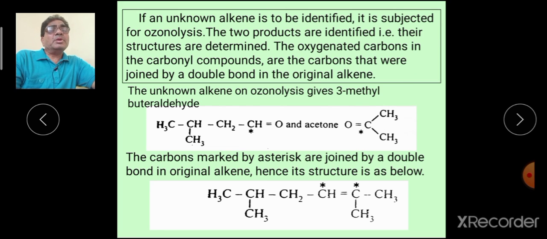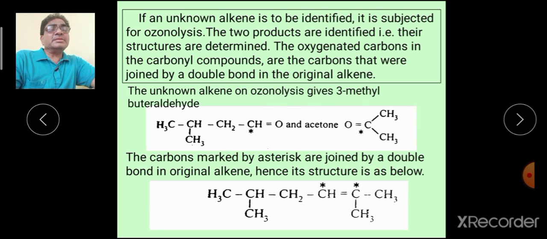If an unknown alkene is to be identified, it is subjected to the ozonolysis reaction. The two products obtained by ozonolysis are identified, that is, their structures are determined. The oxygenated carbons in the carbonyl compounds, yes, this is the oxygenated carbon, are the carbons that were joined by the double bond in the original alkene.